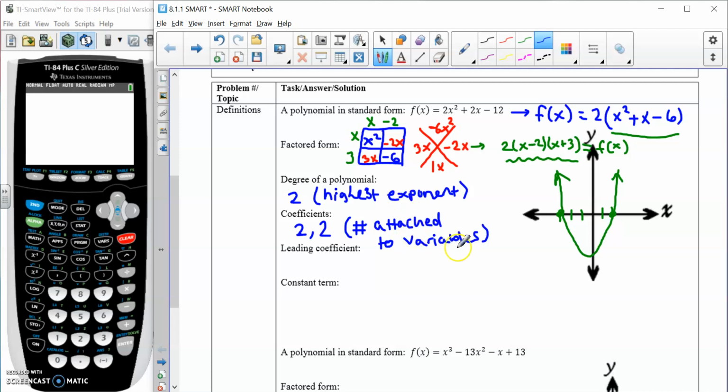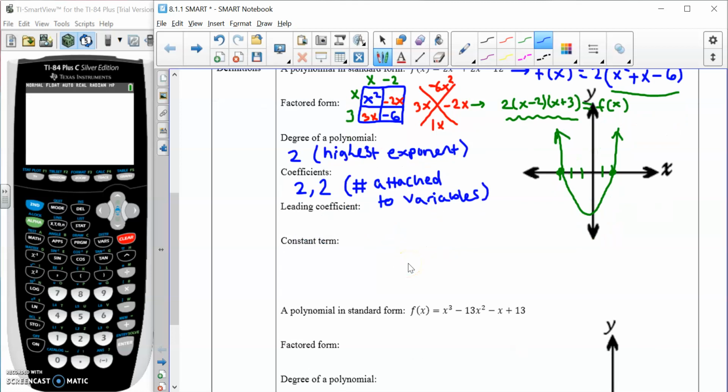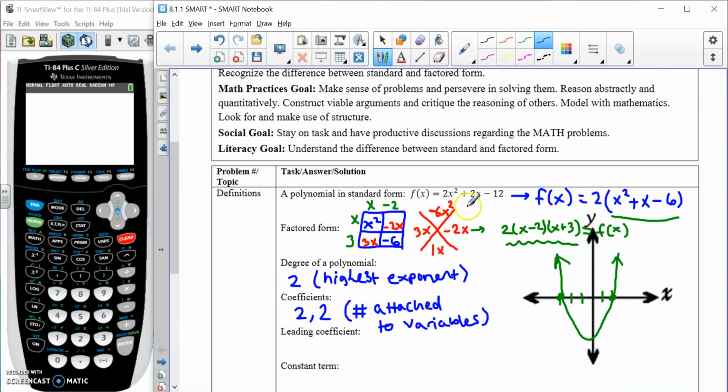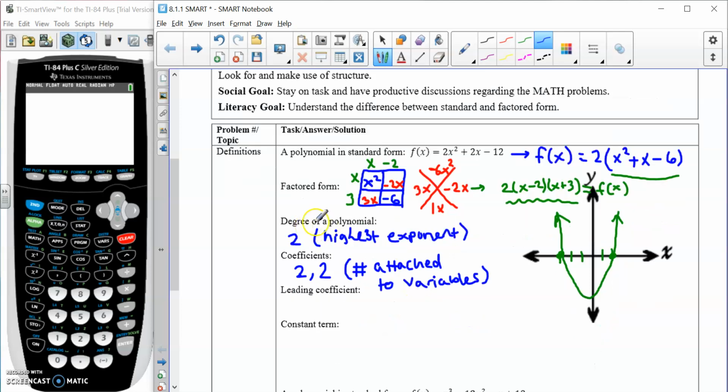So that brings us to the leading coefficient. So this is also a number attached to the variable, but the thing about the leading coefficient is that it is going to be the one attached to your degree term. So while both of these have coefficients, your leading coefficient comes from the term that has the x squared, because that's the term with the degree.